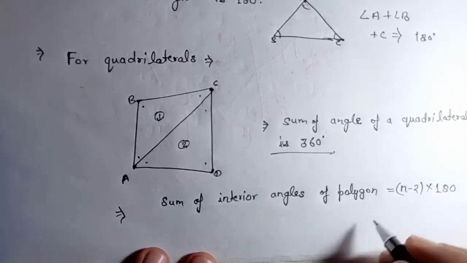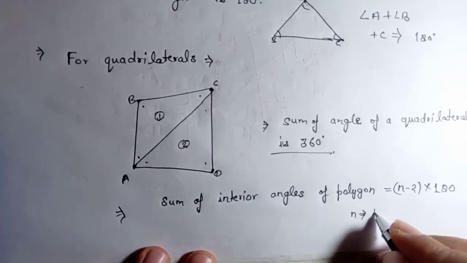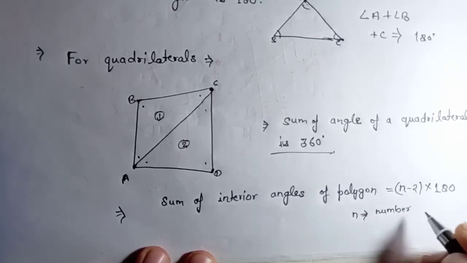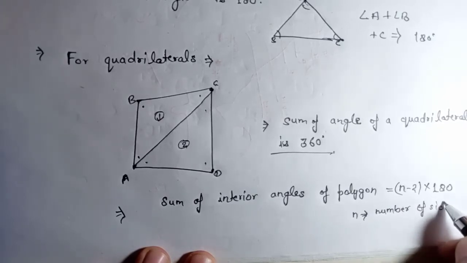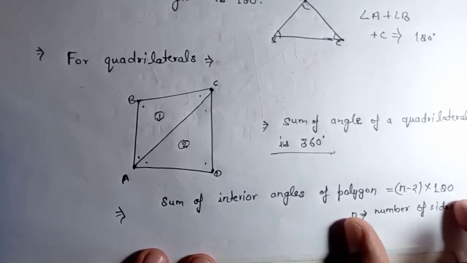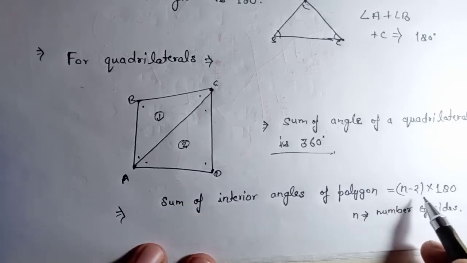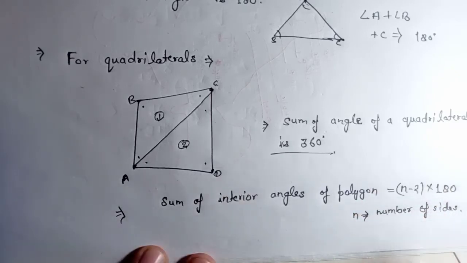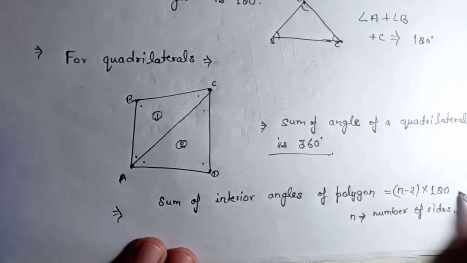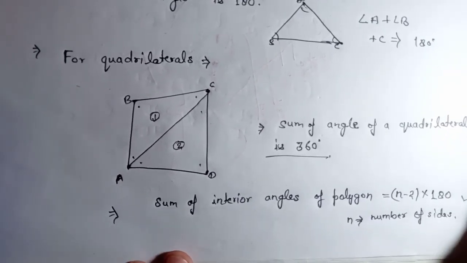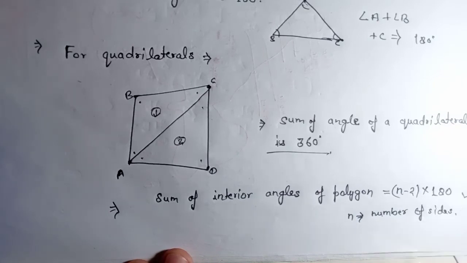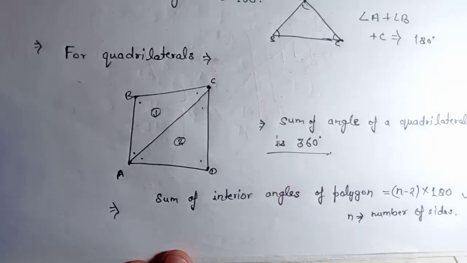Here n is the number of sides, and you can apply this formula in case of a triangle and in case of a quadrilateral too. When you put the number of sides for a quadrilateral, 4, 4 minus 2 becomes 2, and 2 into 180 means 360. Note this formula. You will use this formula in many questions in this exercise, and this formula came from the observation of the results of a few polygons.